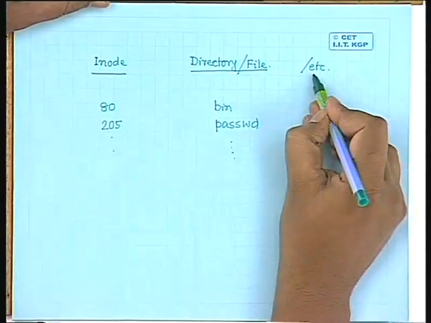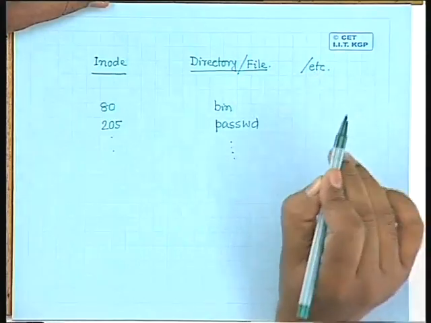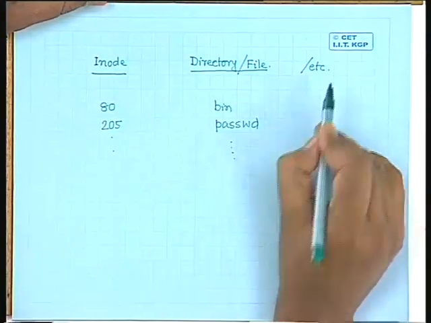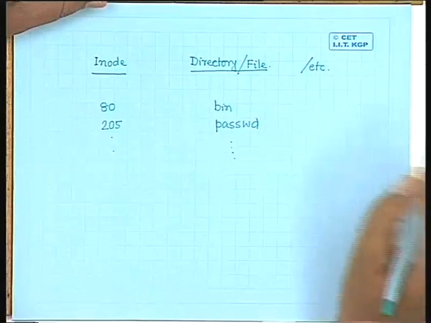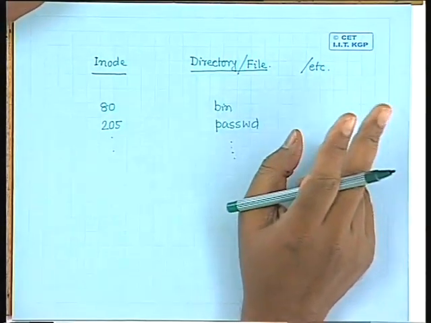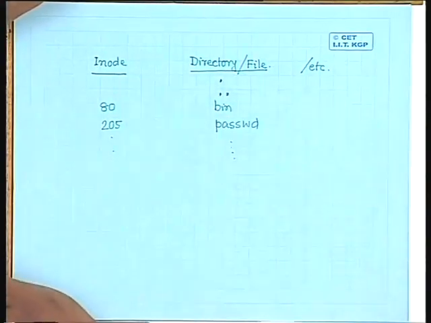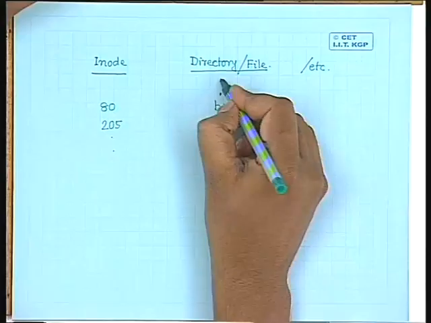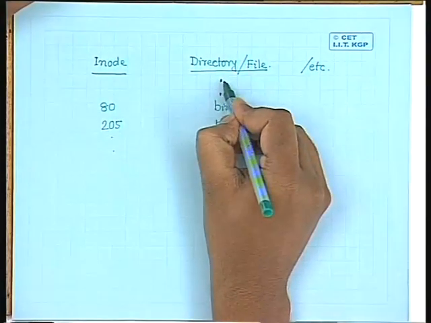Just like this, when I say that etc is a directory, etc itself has been allocated a particular unique inode, which is not allocated to any other file or any other directory. Along with this, there are two special kinds of entries. One entry is dot, the other entry is dot dot. The entry dot gives you the inode number of the current directory.